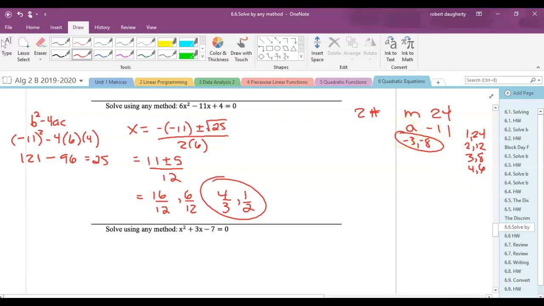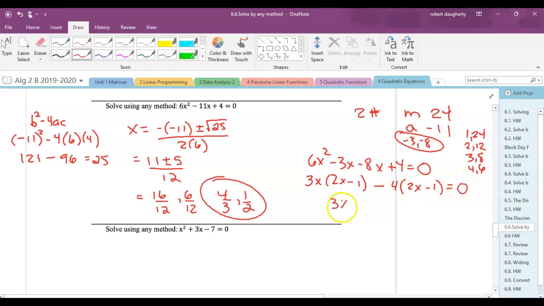So I rewrite this equation as 6x squared minus 3x minus 8x plus 4 equals 0. What can I factor out of the first two terms? 3x. 3x times 2x minus 1 minus, you copy down that sign, and this is a 4, and that's 2x minus 1 equals 0. This tells me 3x minus 4, 2x minus 1 equals 0. X is going to be equal to 4/3 or 1/2.